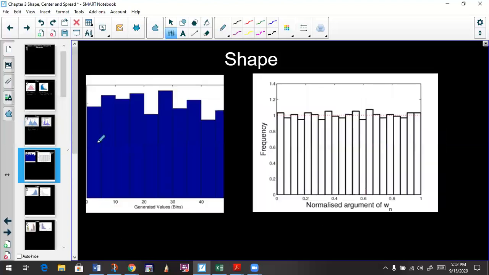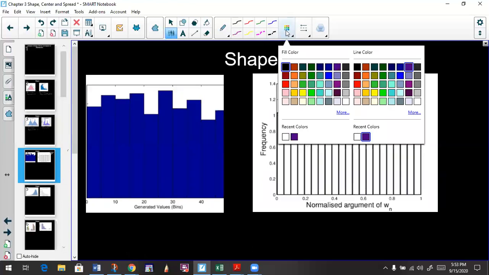Now, these two are both examples of all the histogram bars being roughly the same height. A little bit lower here, but they're all roughly the same height. It's not a dramatic difference. This one's even more so roughly the same height.